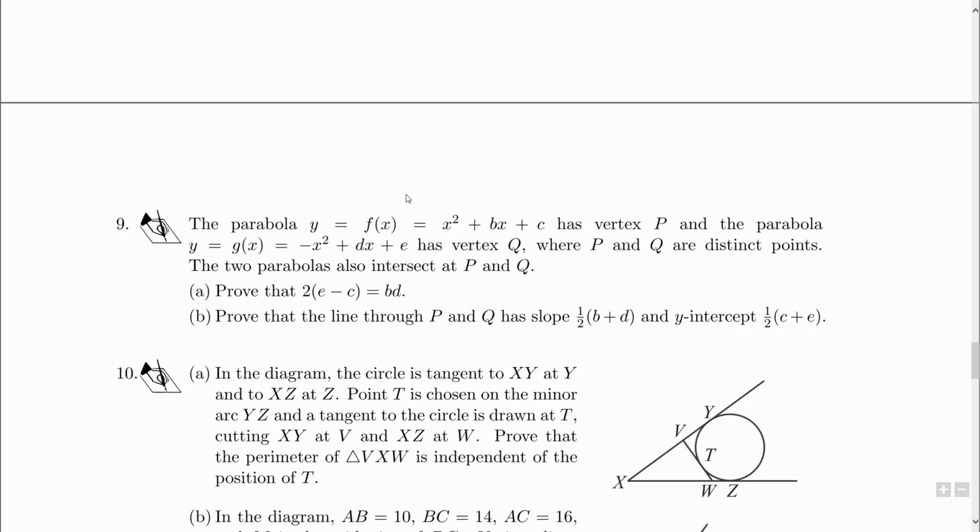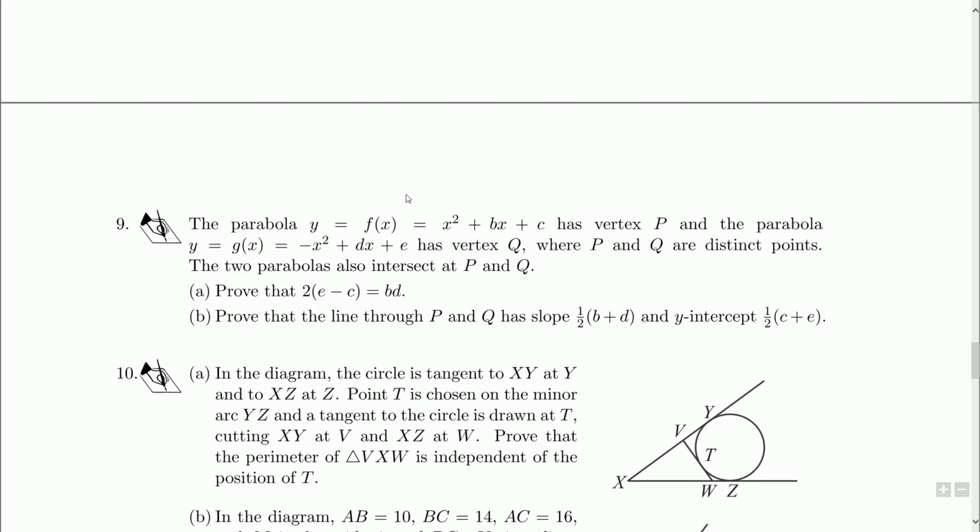The two parabolas also intersect at p and q. Ooh, extra information. Prove that 2 times e minus c is b times d. And these are the values that we've got in the expressions for the parabolas. And then we've got something else to do.